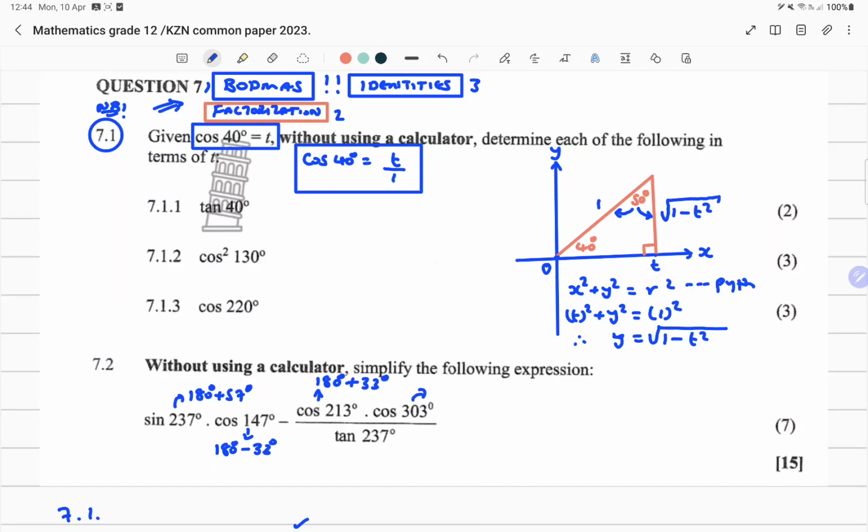So 360 minus 303 is 57. So this is the same as 360 degrees minus 57 degrees. Do you see the pattern? The acute angle is either 57 or 33. So we can actually express these things as these acute angles of 57 and 33.